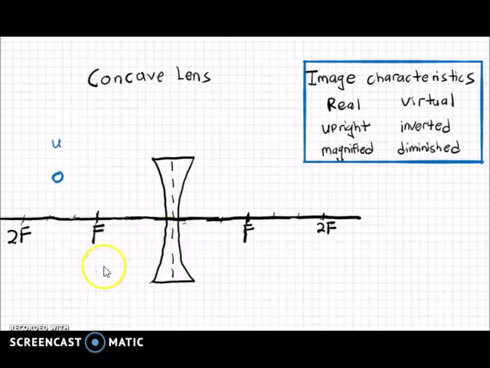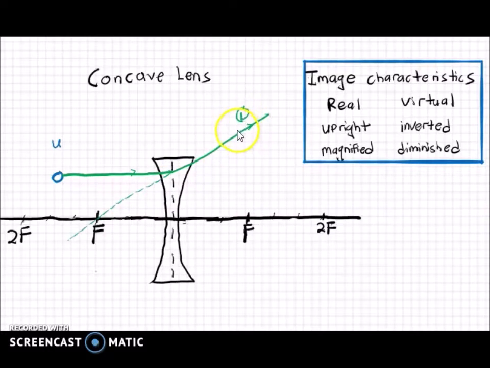The first ray will be going straight and it will hit exactly at the center of this line. After it hits here, it has to be going away, as though it is coming from the focus point. This is the first ray that you have to draw.